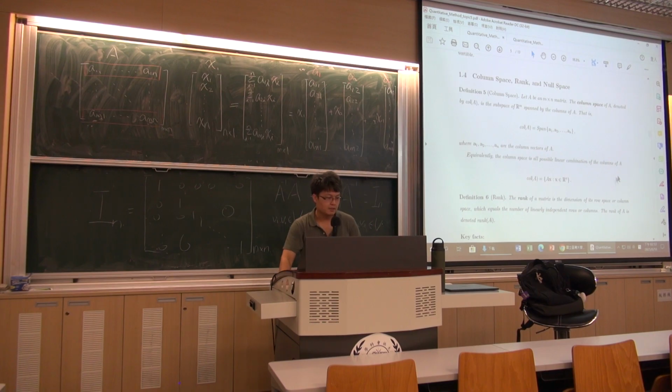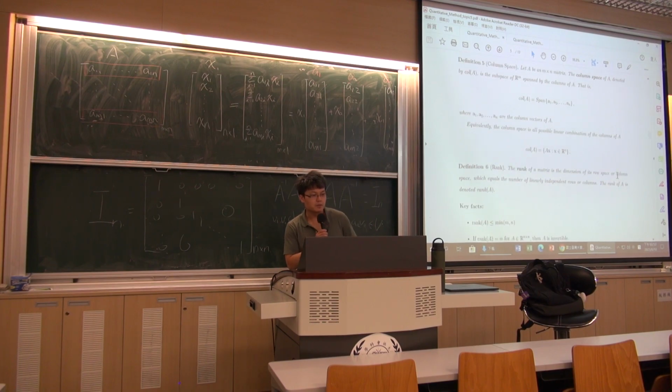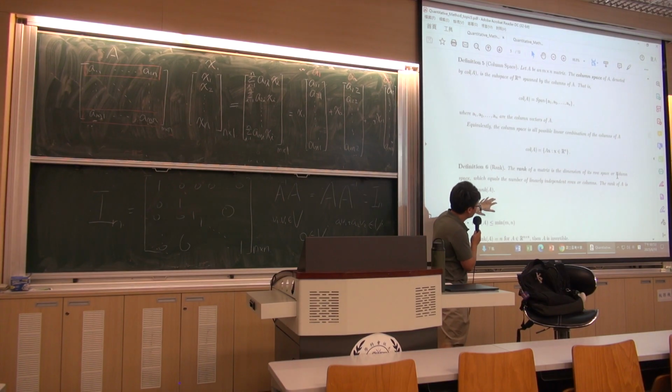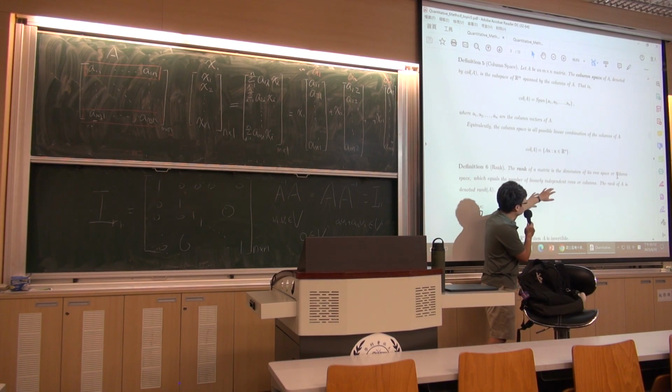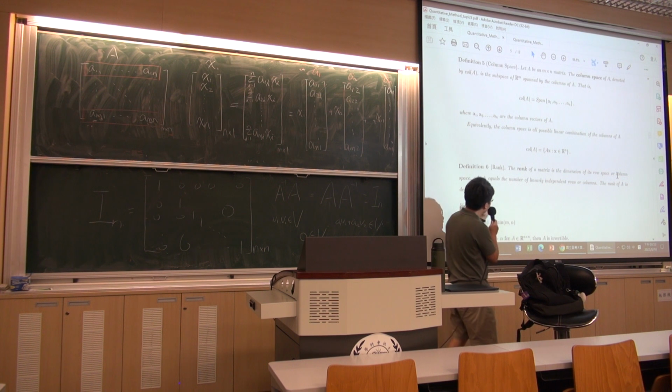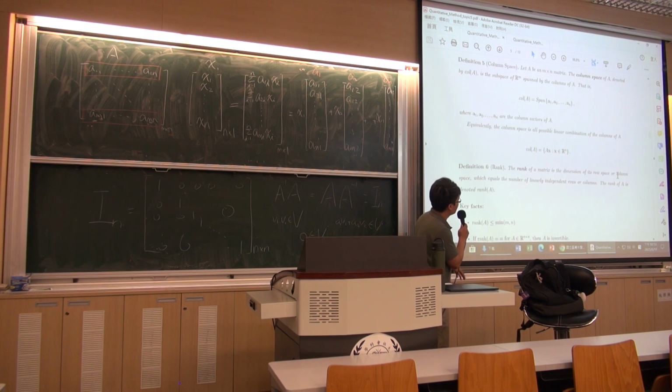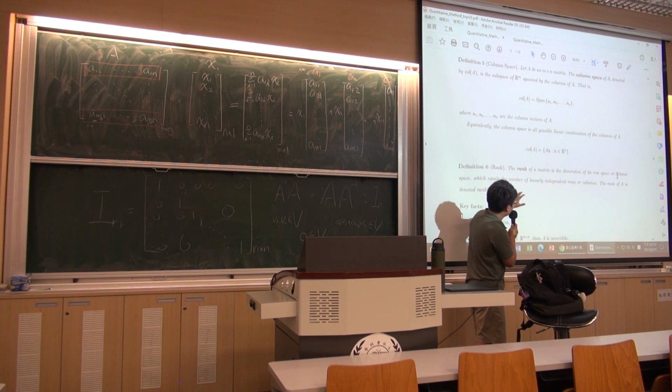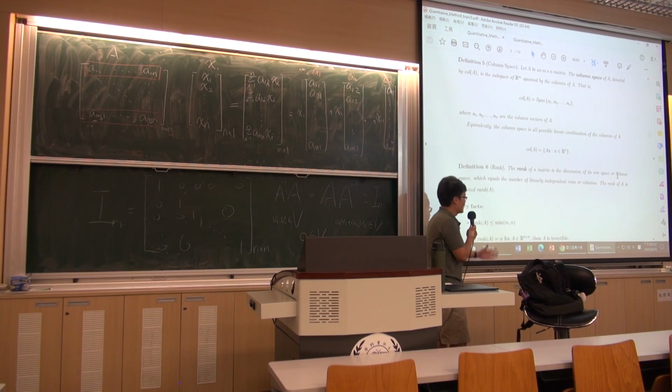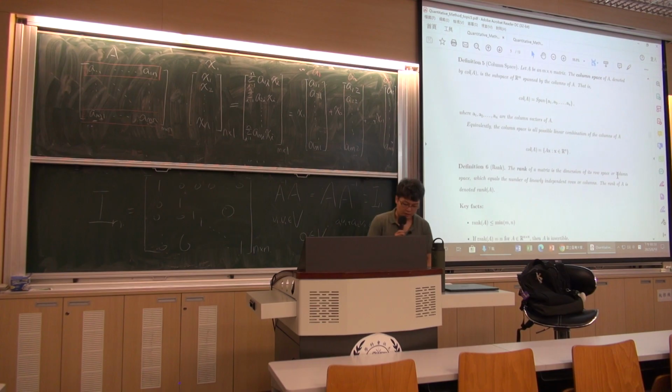Okay, then the next definition, which is rank. The rank of a matrix A is the dimension of its row space or column space, which equals the number of linearly independent rows or columns of that matrix.